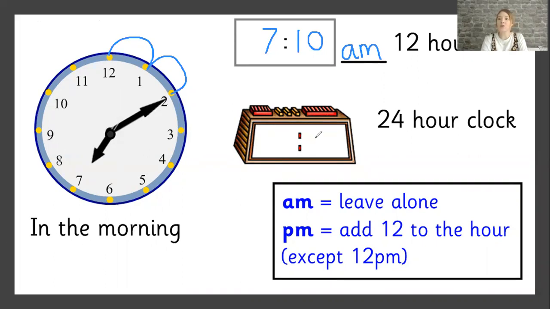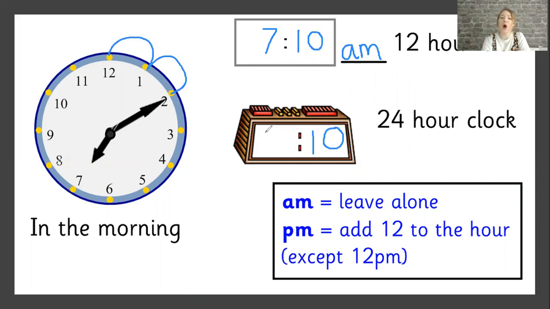So as always, we know from our steps to success that we keep the minutes the same always. Minutes never change, they're always the same. But do we need to, if it's AM, leave it alone or do we add 12? Do we need to change it at all? No, we leave it the same. But you need to make sure there's 4 digits.